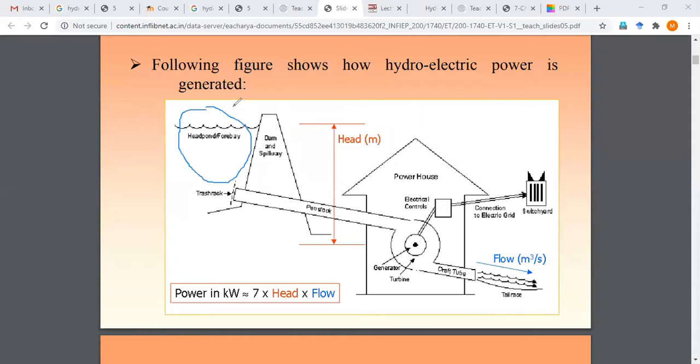Next to the water is the dam wall. We construct the dam wall across the river or across the flow of water; a dam is nothing but a big wall with which we can store the water.